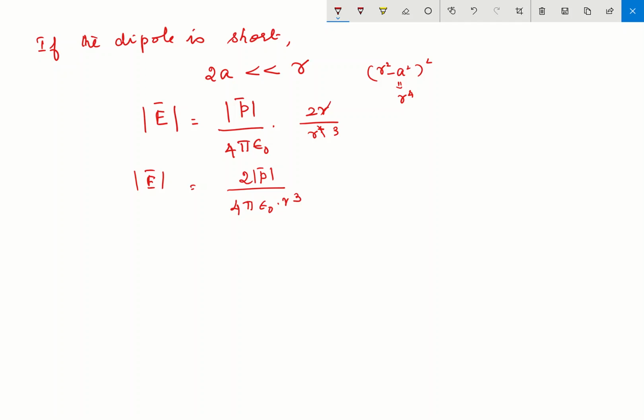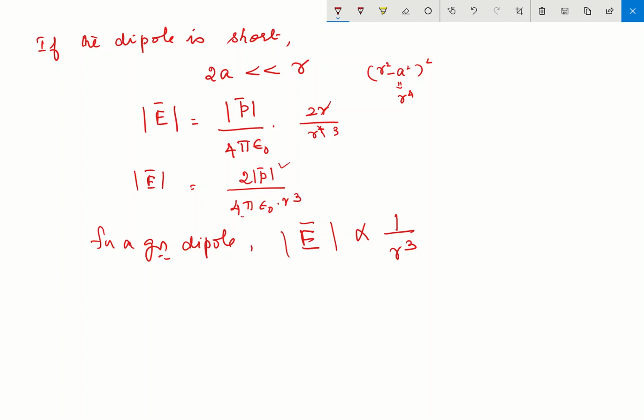Now, what is the direction of E? It is along BP produced, right? Therefore, this clearly shows that for a given dipole, E is inversely proportional to r cube, since all the other factors are constant.